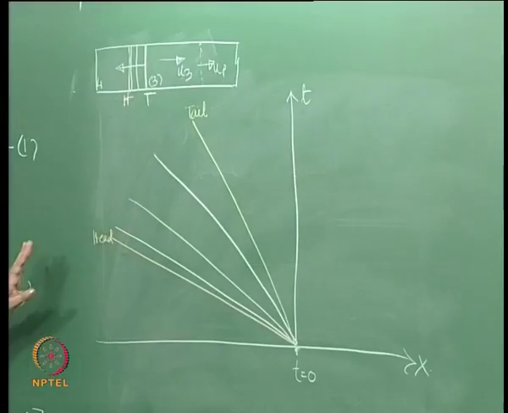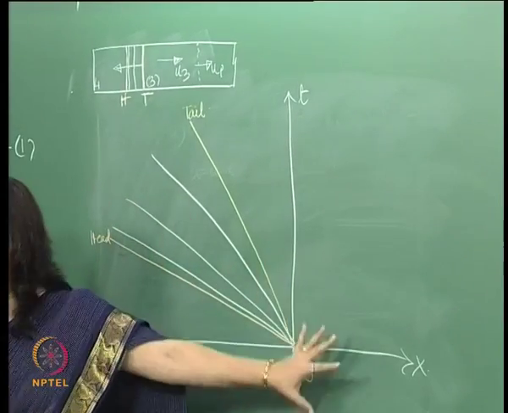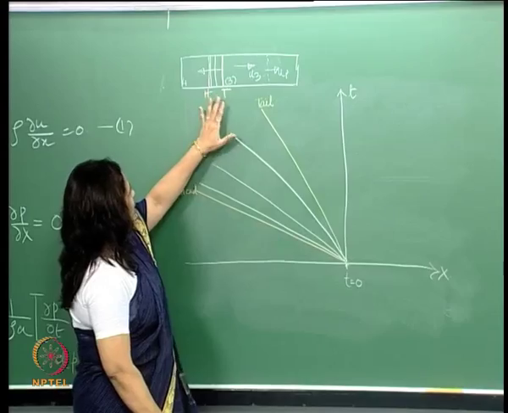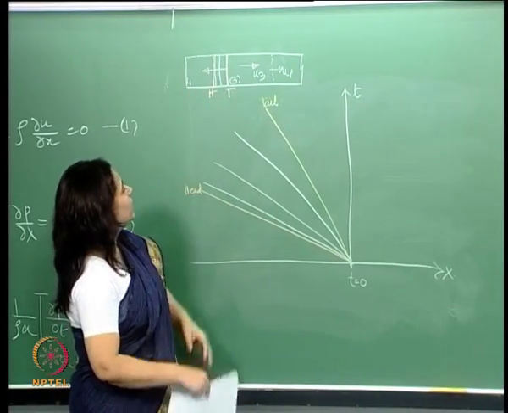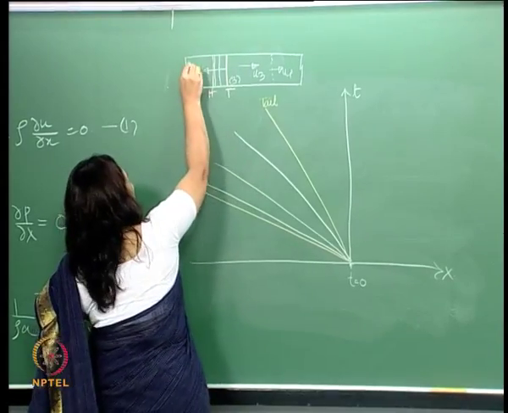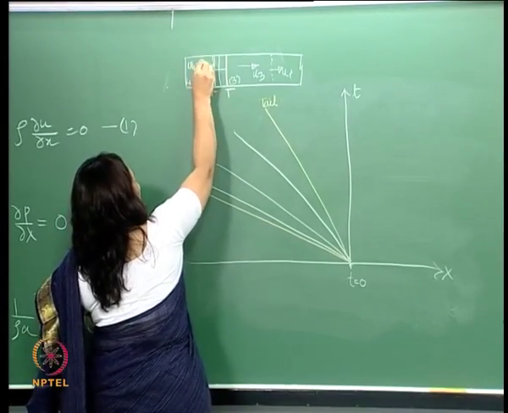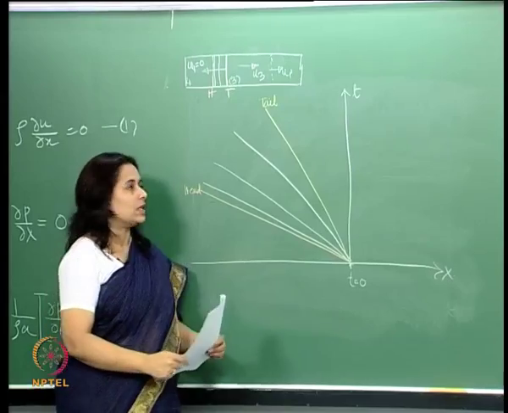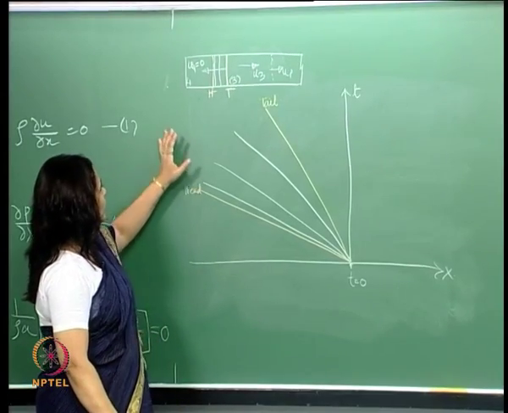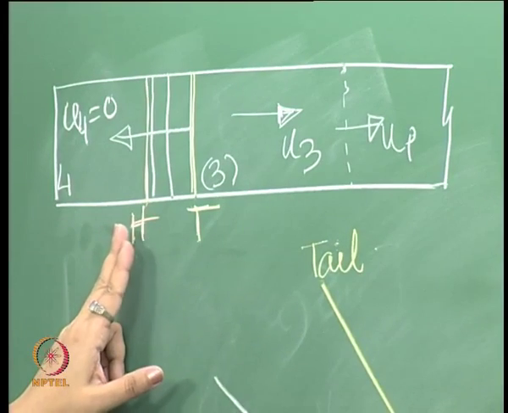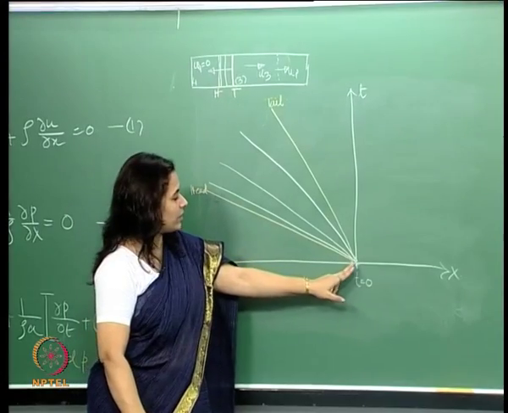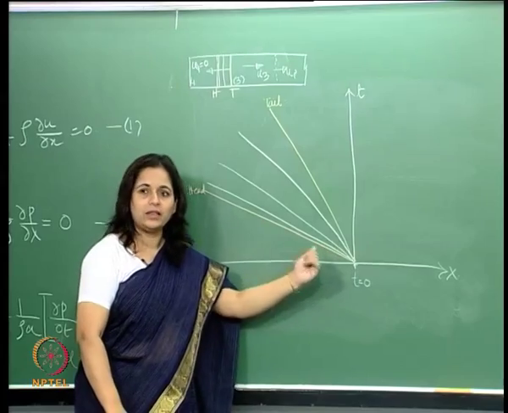So what we see over here, if you look at this picture, is that we have several waves moving into region 4 here. Now U4 of course is quiescent, isn't it? So therefore we have several waves moving into this. At t equal to 0, all the waves originate from here and then they move.